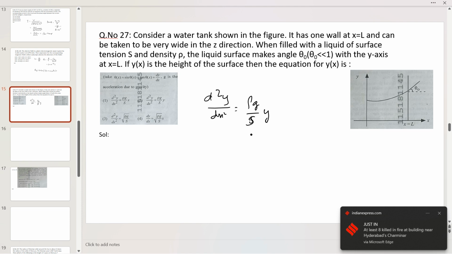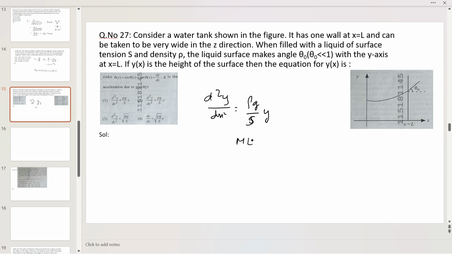From the dimension analysis, rho density is M L to the power of minus 3, g is L T to the power of minus 2, and s, the surface tension, F by L, is M L to the power of minus 2, and y is again length, that is L.